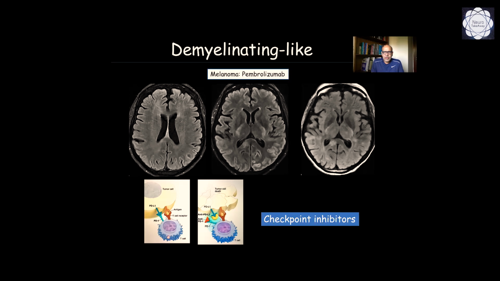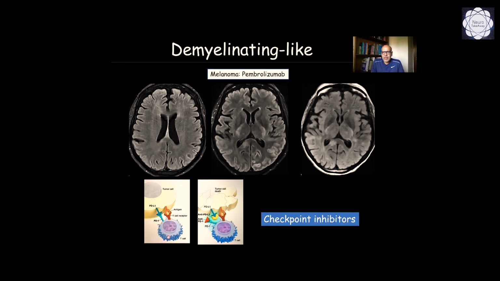The tumoral cells have the property of producing some molecules on their surface that can inhibit the T lymphocytes. So if we block this mechanism, what we are doing is enhancing the T lymphocyte activity, the natural killers.